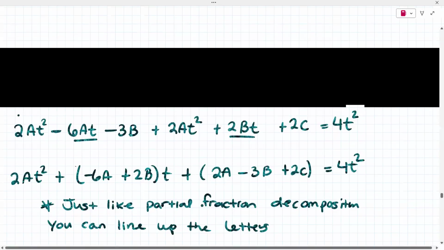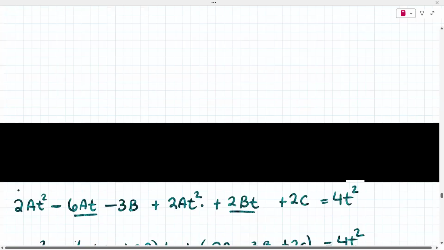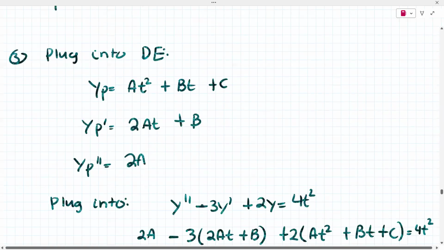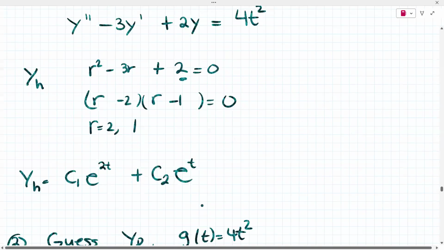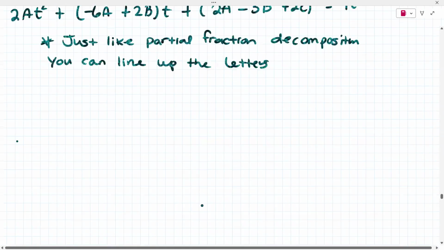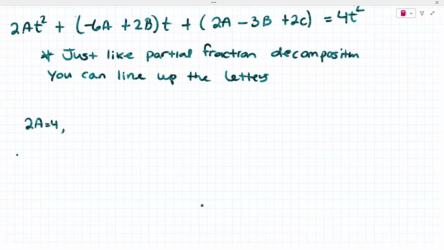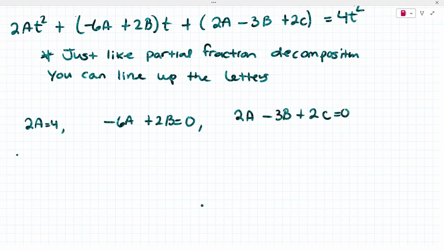So 2at squared would equal 4t squared. You're going to set it up like this: 2a equals 4, and then negative 6a plus 2b equals 0, and then 2a minus 3b plus 2c equals 0.